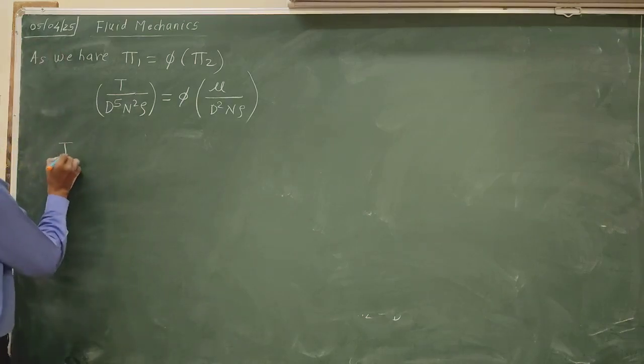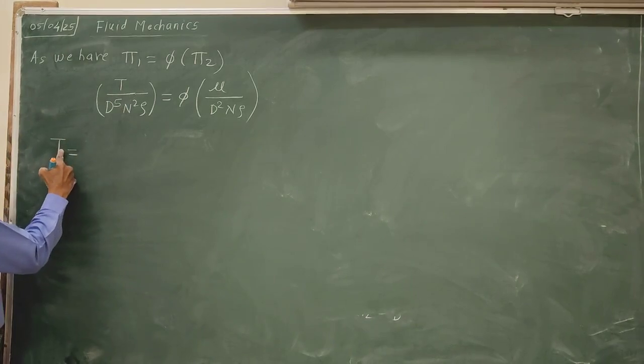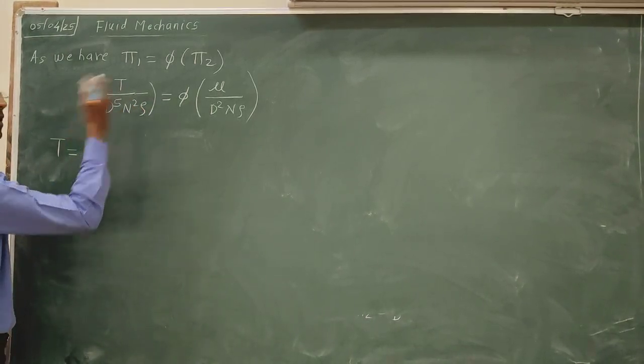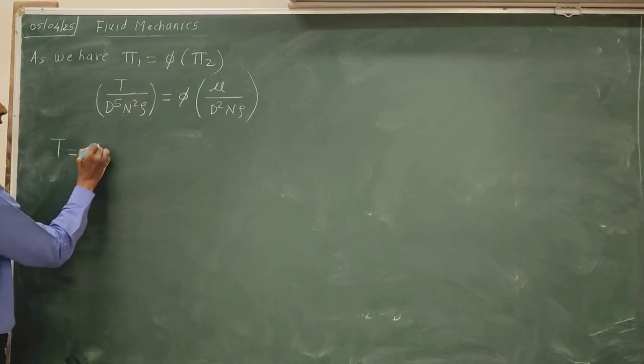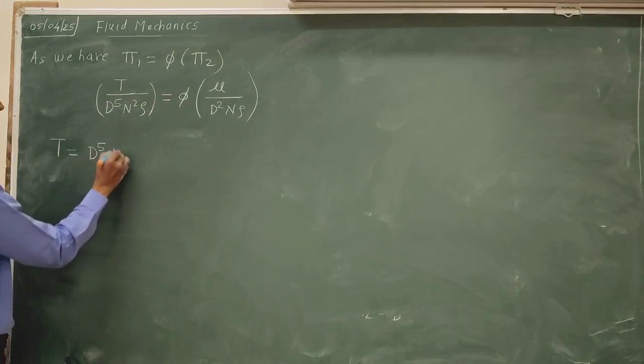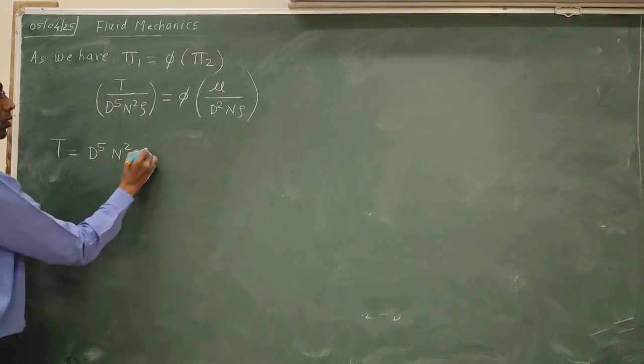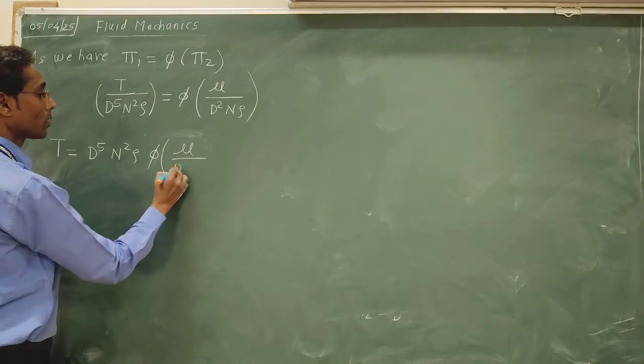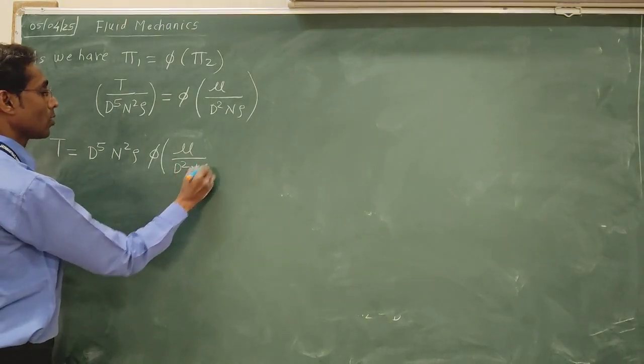Now finally we can arrange this torque. Only the torque we will keep on one side and all the terms we will take to the right side. So on the right side it will come d raised to 5 n square rho, times phi, a function of mu upon d square and rho.